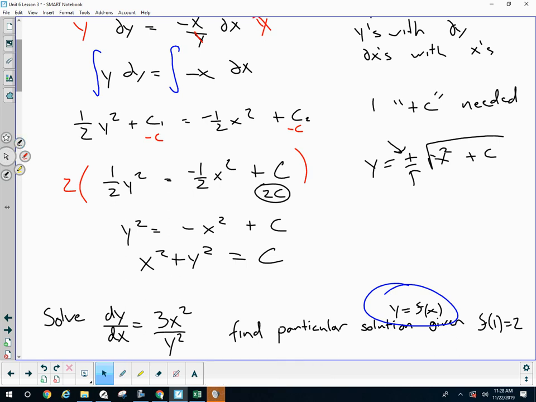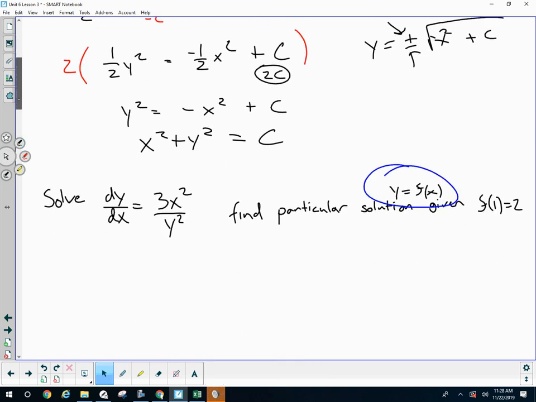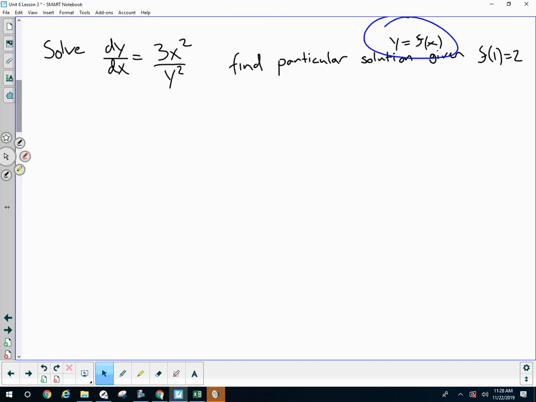We'll get to an example like that in the future, but instead, let's try something like this. Let's do this one, not using a slope field, but rather going backwards using separation of variables and antiderivatives. Step 1, get your y's with dy, move your dx to be with your x's.